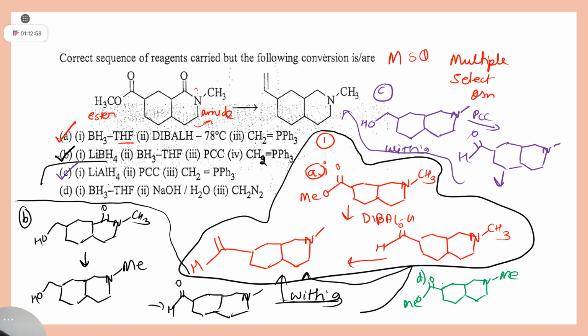Then NaOH, H2O will lead to basic hydrolysis. Basically, it will make it acid. Then CH2N2 will lead to formation of COOCH3. So option number D is absolutely wrong, students. The correct answer for this problem is ABC.